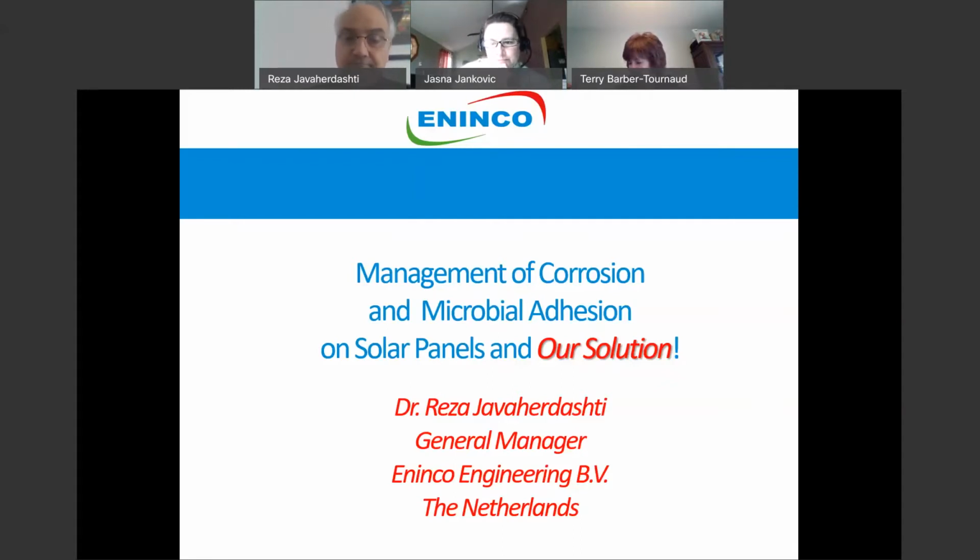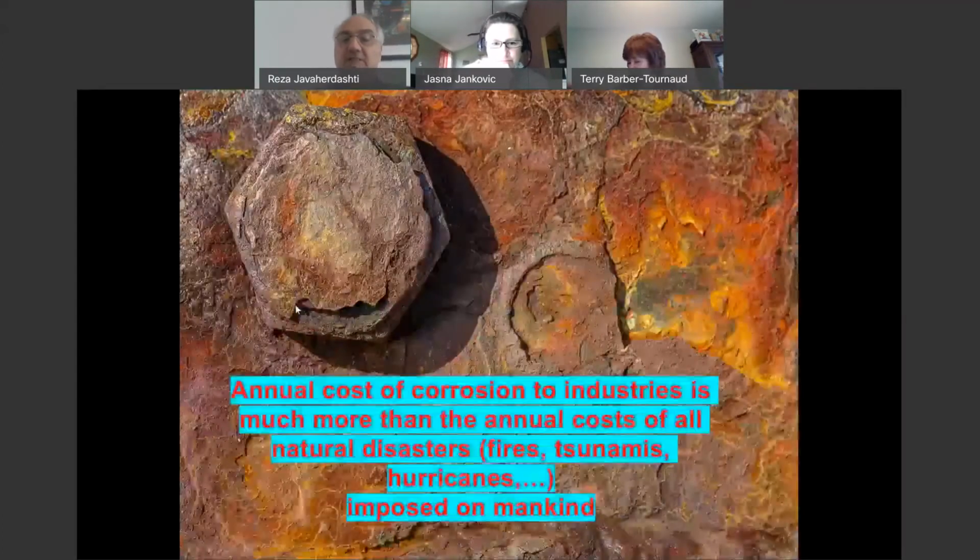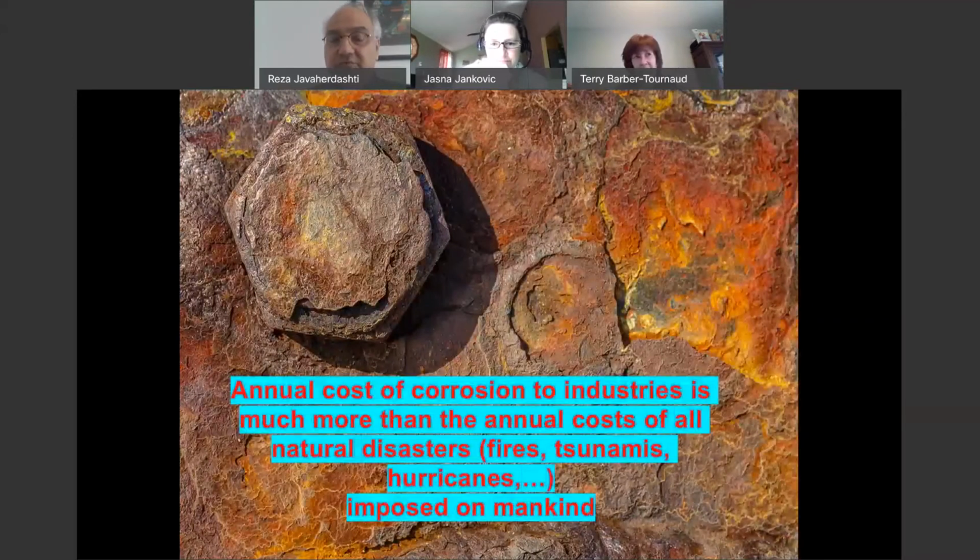First of all, I'd like to remind you all again about the cost of corrosion. When we talk about cost of corrosion, we really don't mean a specific industry. It could be all industries, from oil and gas industry to electricity producing industry, everything.